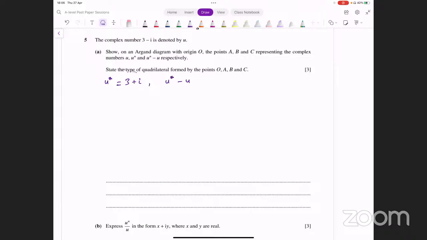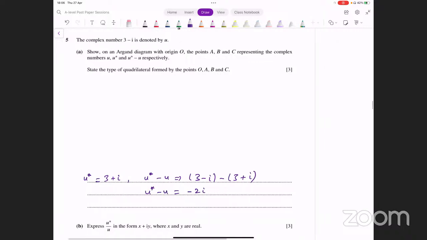U conjugate minus U. This would give us 3 plus iota minus 3 minus iota. And what do we get from that? 3 and 3 get cancelled, iota plus iota, that gives us 2 iota. This is what U conjugate minus U is.